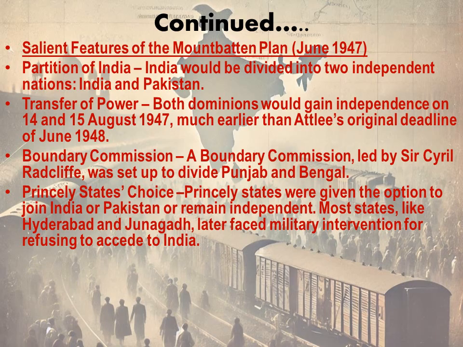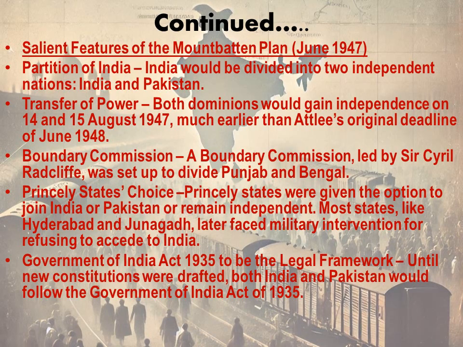Princely states choice. Princely states were given the option to join India or Pakistan or remain independent. Most states, like Hyderabad and Junagadh, later faced military intervention for refusal to accede to India. Government of India Act 1935 to be the legal framework.